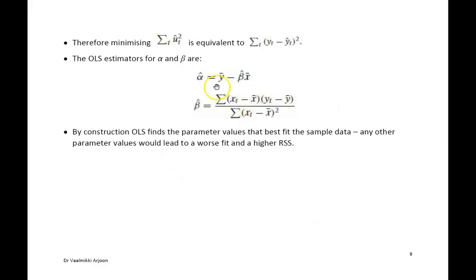The equation for alpha would be, or the fitted, we call this a fitted value of alpha because it's an estimate, it's the estimator for the value of alpha. So the estimator for the value of alpha will be the average of y, the average of the dependent variable, minus the estimator for beta times the average of the independent variable x, where beta hat, the estimator of beta, is equal to the sum of xt, which is x at time t, t being one. Now t denotes a time notation.